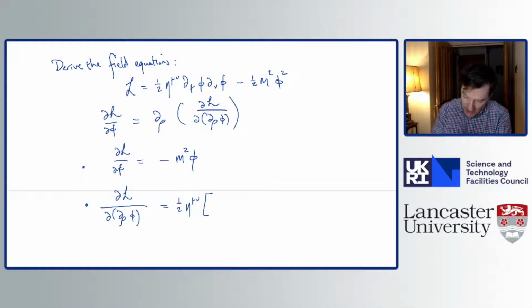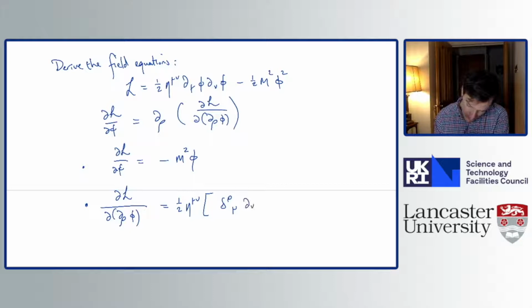So when we differentiate this first term with respect to d rho phi, we find this Kronecker delta symbol, okay, which is 1 if rho and mu are the same, and it's 0 if rho and mu are different.